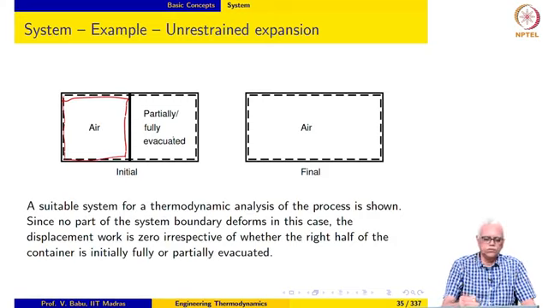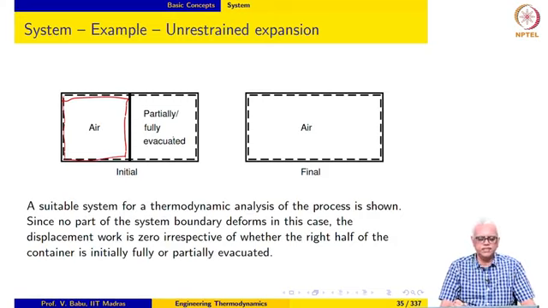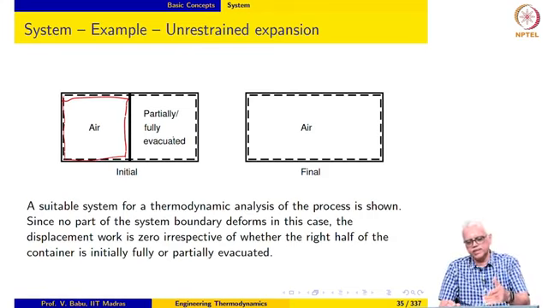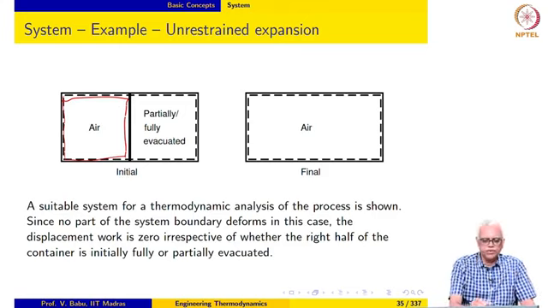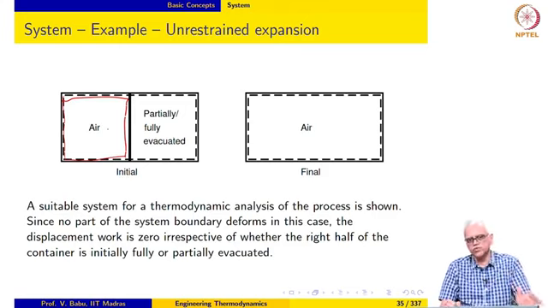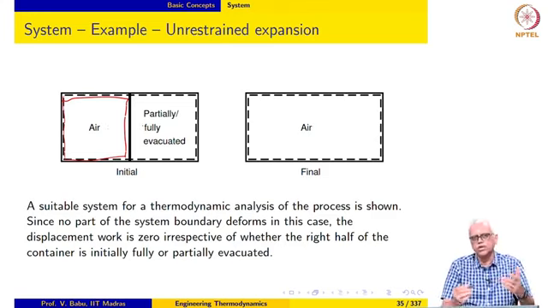Now, the other reason why this explanation falls apart may be understood by considering the case when it is partially evacuated. It is not fully evacuated, it is partially evacuated. In this case, if you keep the same system boundary, which of course we cannot, because there will be material here, so we have to modify this, but what do we do in that case?